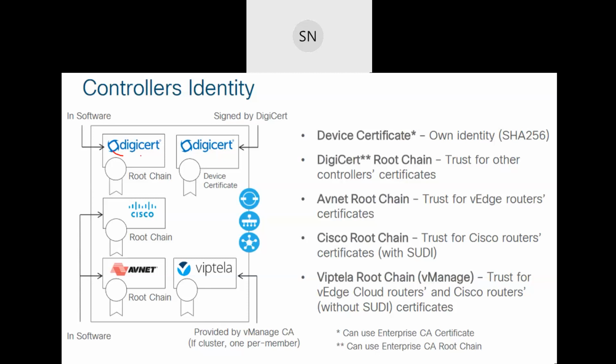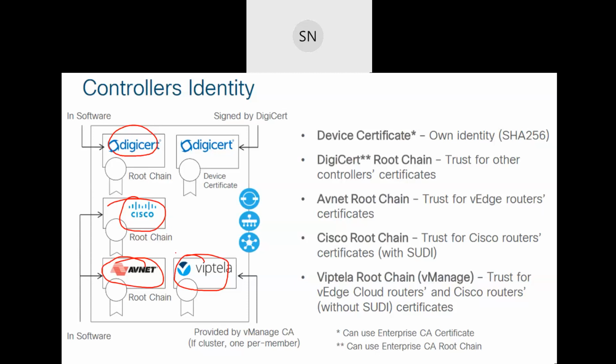And if you are doing an on-prem deployment, and you are trying to sign the certificates with your enterprise root CA server, then also you don't need to worry about these certificate chains or root chains, because you are going to install your own enterprise root CA server's root chain certificate in all the devices. So you have that option as well.